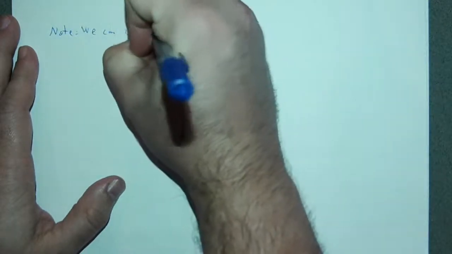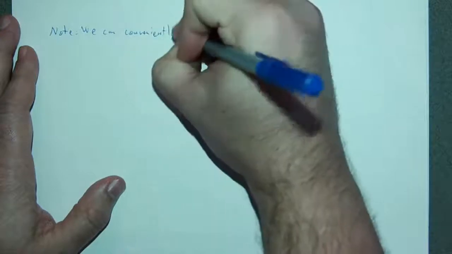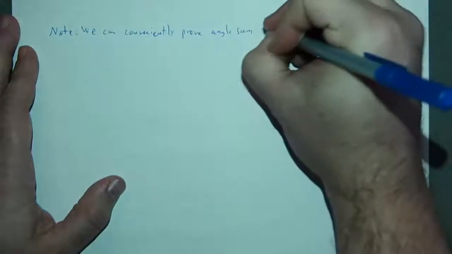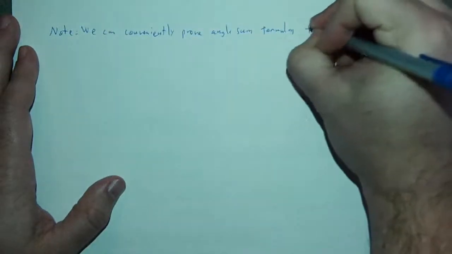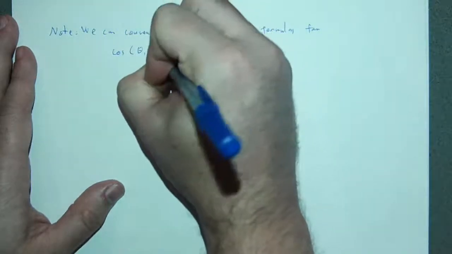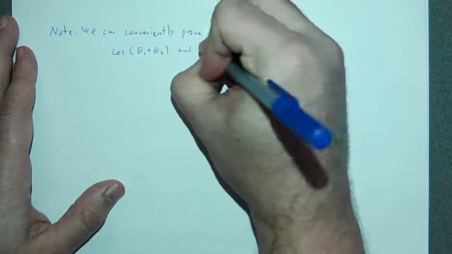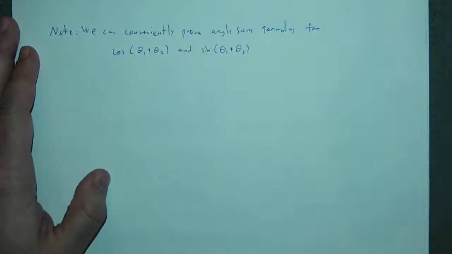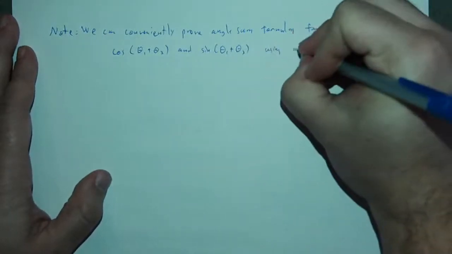So note we can conveniently prove angle sum formulas for, say, cosine of theta sub 1 plus theta sub 2 and sine of theta sub 1 plus theta sub 2, using matrices in this way.